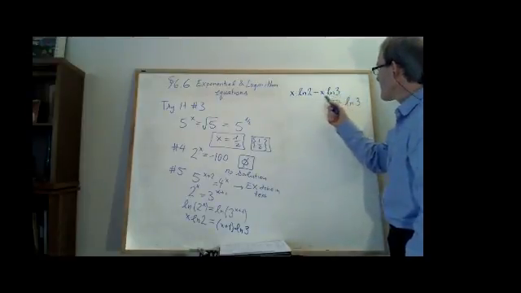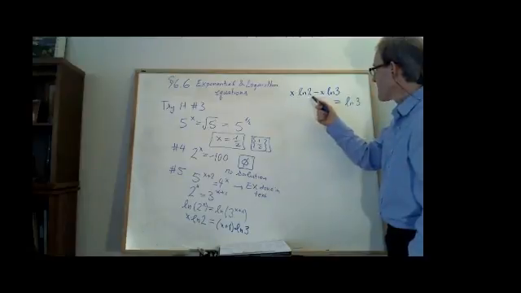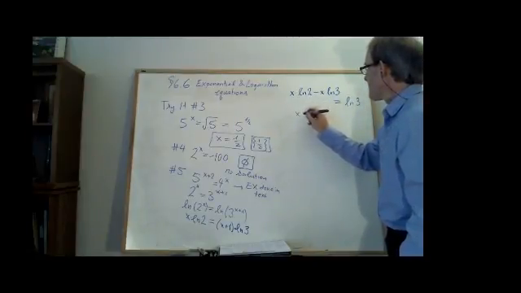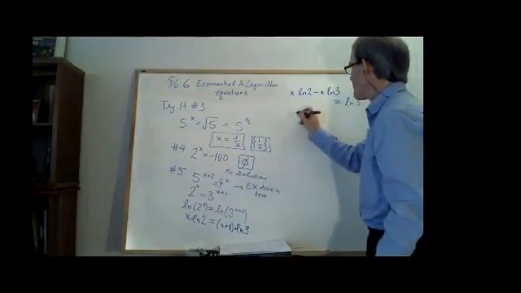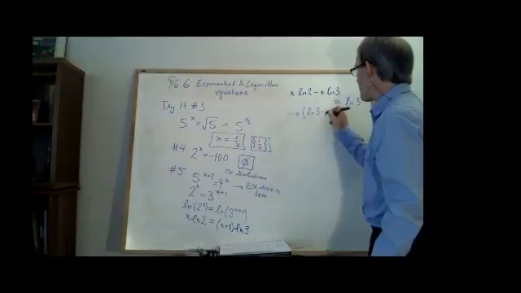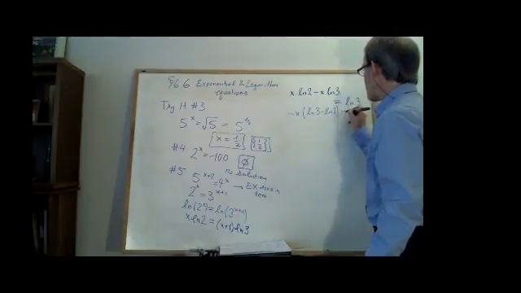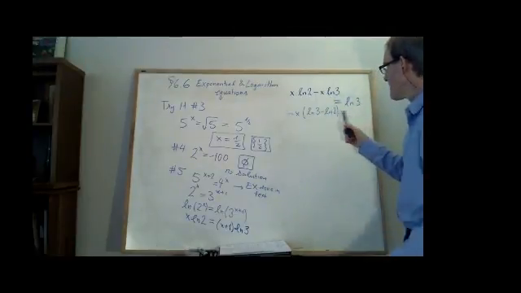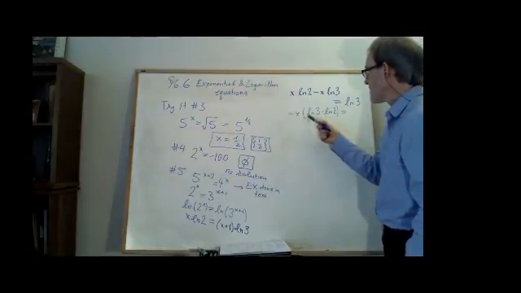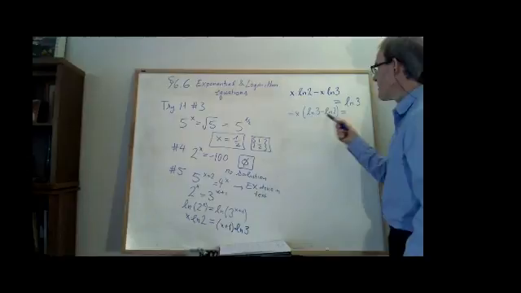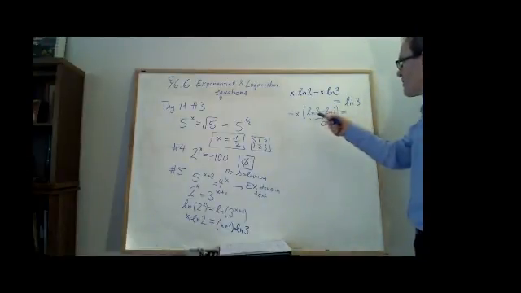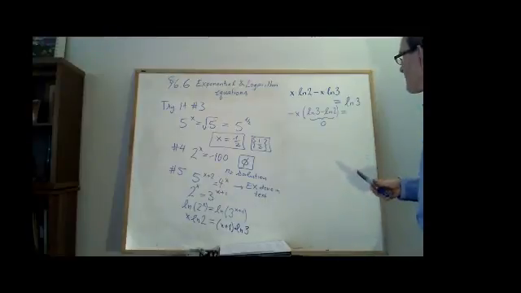Now ln 3 is bigger than ln 2, and so I can express this with an overall minus sign in front times this difference which will be positive. I know that because the logarithm function is always an increasing function.